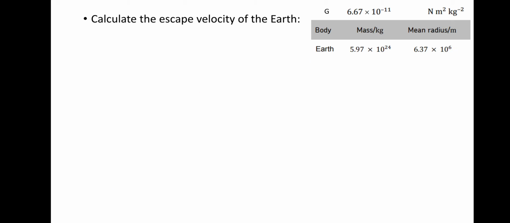So what we're going to do is use that to calculate the escape velocity of the Earth. It's very straightforward. So v escape is equal to the square root of 2GM over r. Then we just need to put our numbers in.